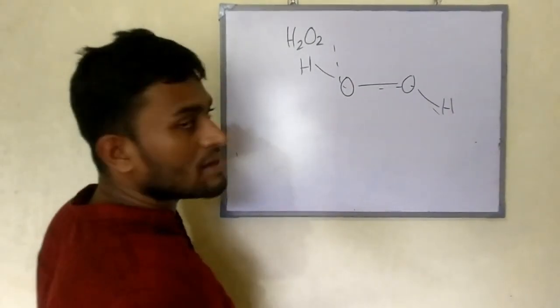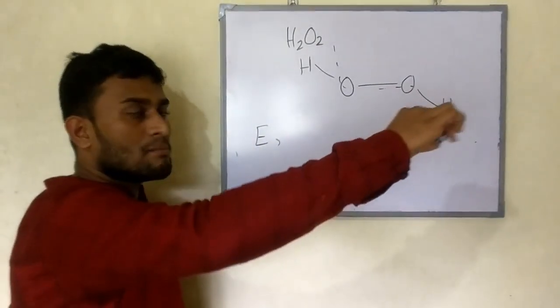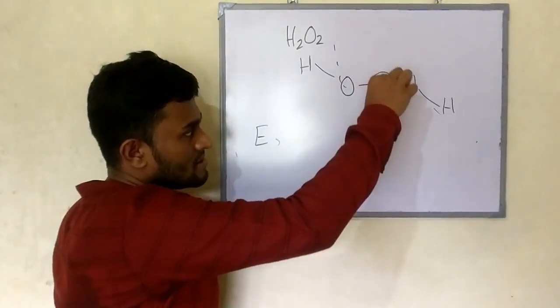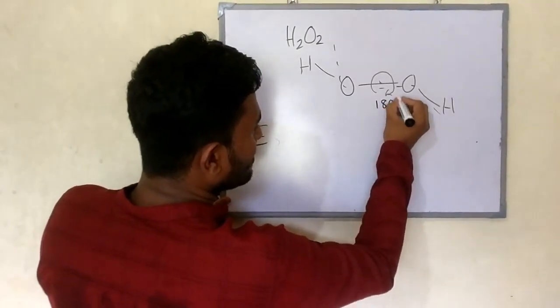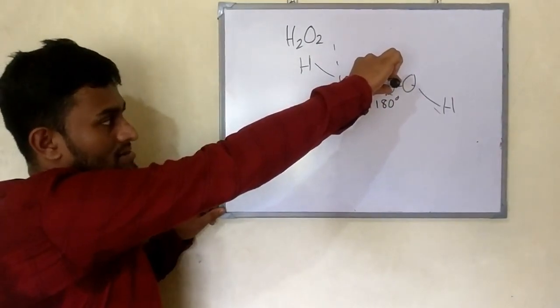But you can rotate the molecule. So E is possible, and you can rotate the molecule at this center like this by 180 degrees. So this is going like this, a C2 axis.